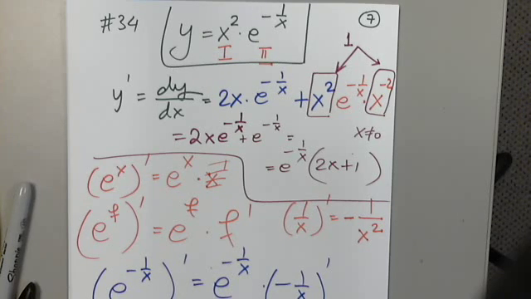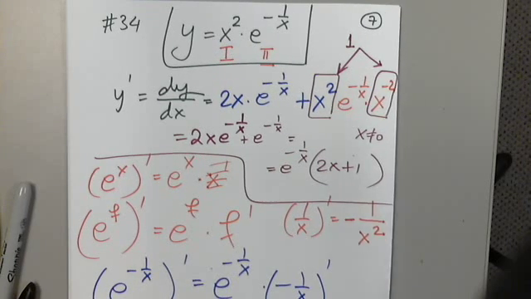How much is x? Negative 1/2. So this will never be 0. It's in the denominator. 1 over e to 1 over x is never going to be 0. So 2x plus 1 is 0. I move 1 and divide by 2. When we get there, no worries right now.